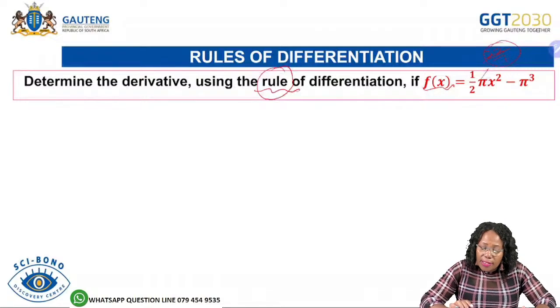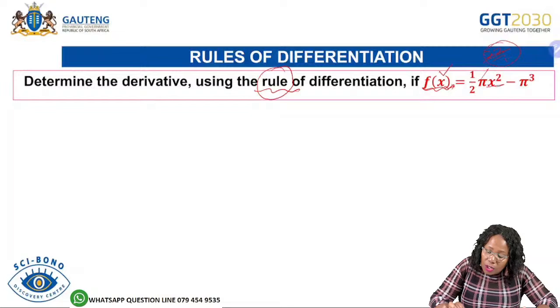Now, this question says determine the derivative using the rules of differentiation. And you are given f at x. So the minute it is given as f at x, that means you are deriving in terms of x. So your focus will be where you are having an x.